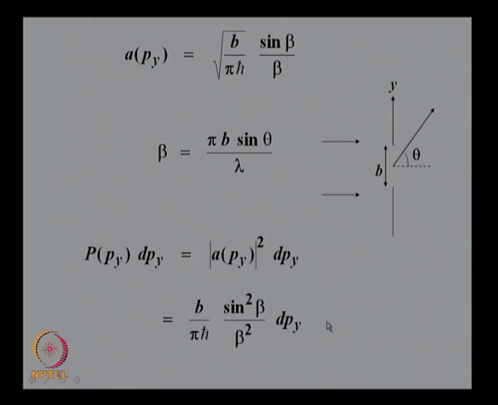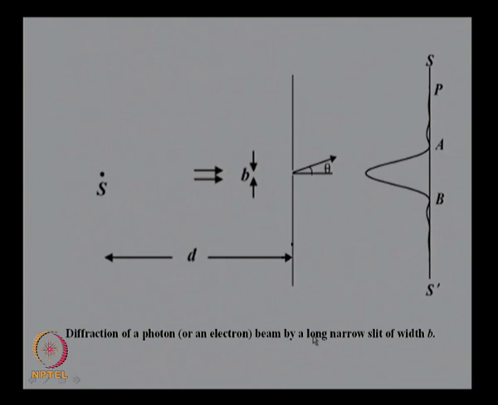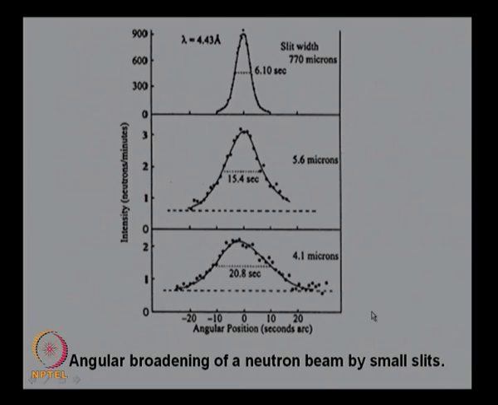Therefore, the probability of the momentum lying between p_y and p_y plus dp_y will be equal to A(p_y) squared dp_y, which is equal to sin square beta by beta square. This is the diffraction of the electron, the probability distribution, and this is the angular broadening of a neutron.